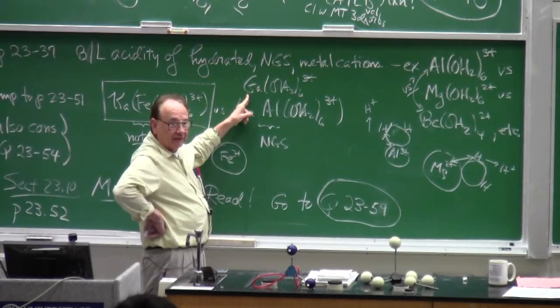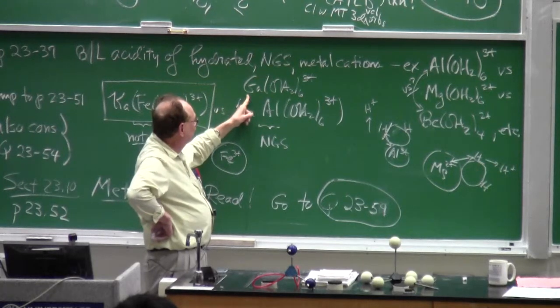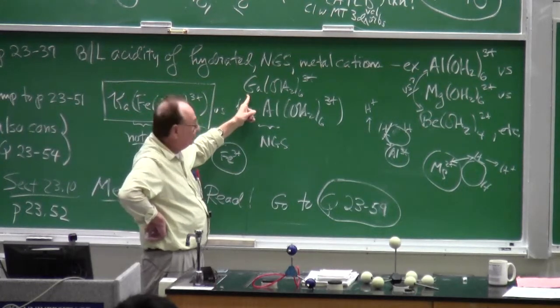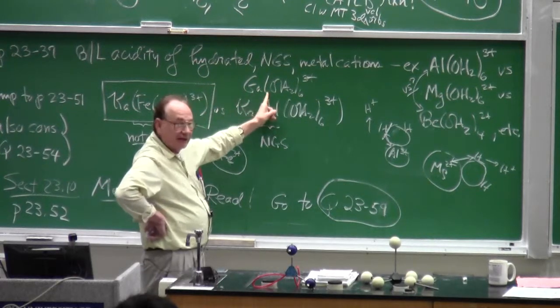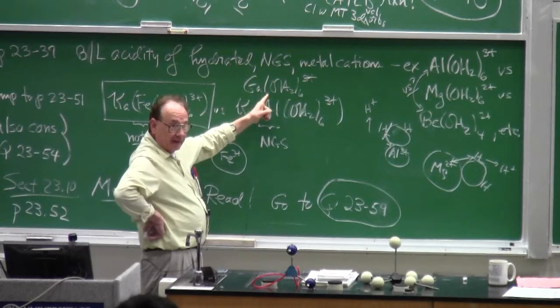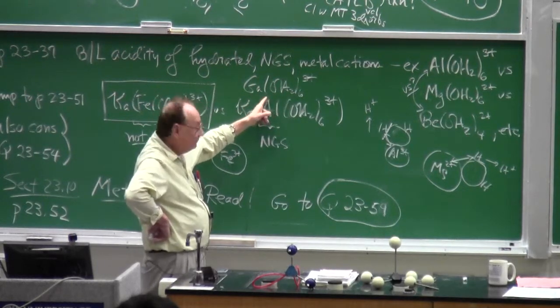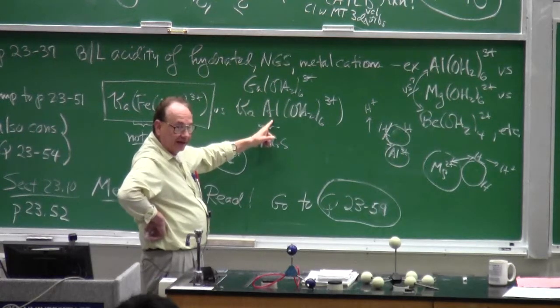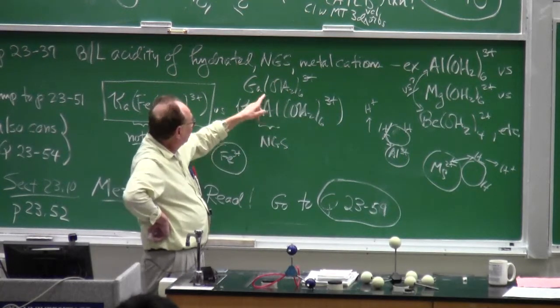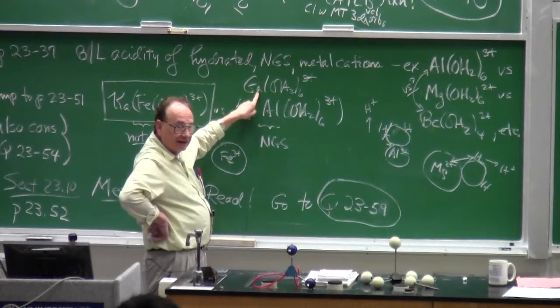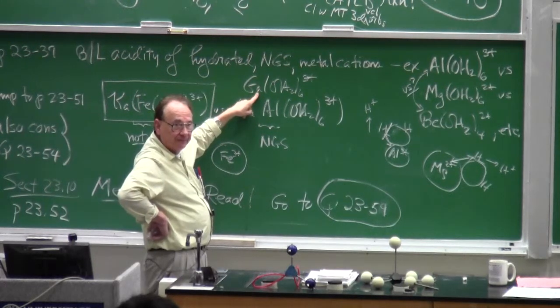It's got a full complement of 3d electrons, and these 3d electrons are showing themselves to be lousy shielders, which means I can get a stronger bond interaction of water molecules, non-bonding electron density, which becomes bonding electron density when these things hydrate, with gallium plus 3 than I can get here. So if I put all this stuff together, how will I expect Ka for this to compare to Ka for this? Expect Ka for this to be bigger.